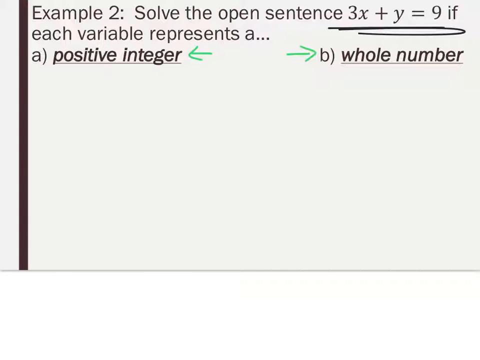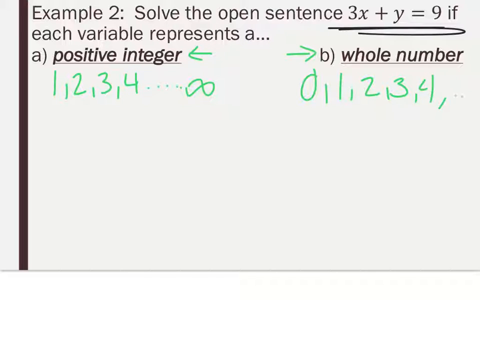A positive integer is positive integers. That includes 1, 2, 3, 4, and so on, forever and ever until positive infinity. The difference between positive integers and whole numbers is whole numbers actually include 0. But positive integers do not.